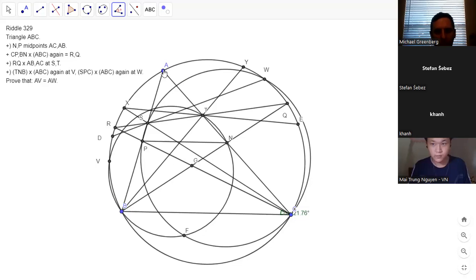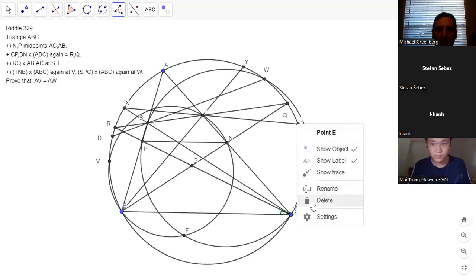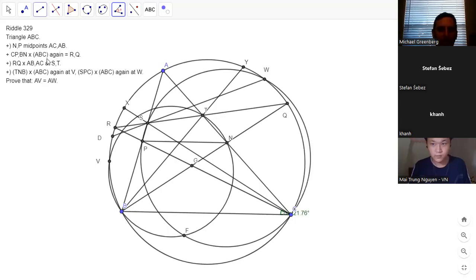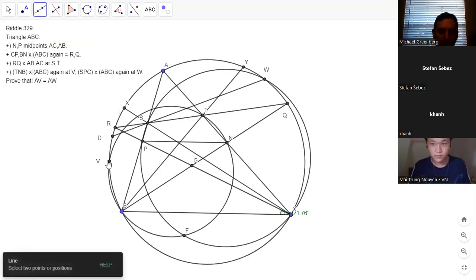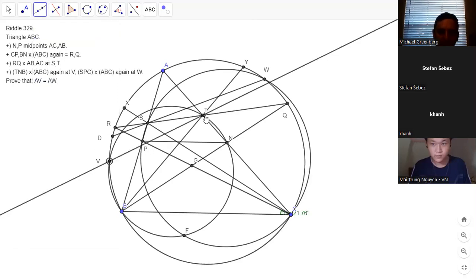So DCB is ACP, right? That's a symmedian. Wait, WS and VT. Sorry, because I drew point E wrong. VT should be a symmedian. So WS and VT. Okay.